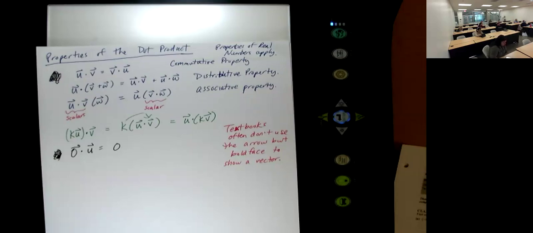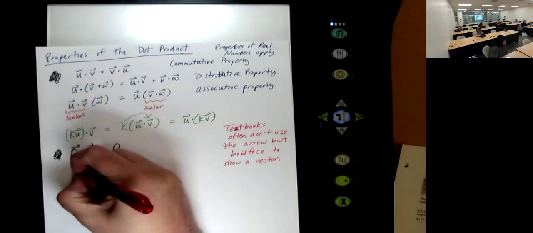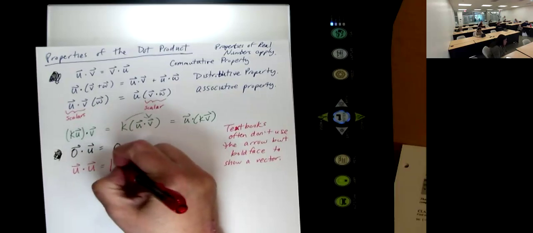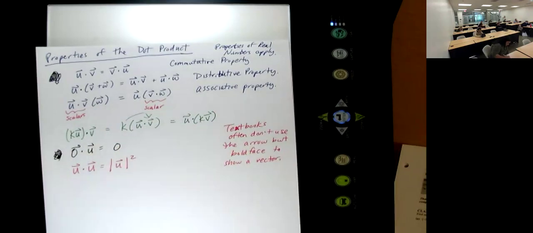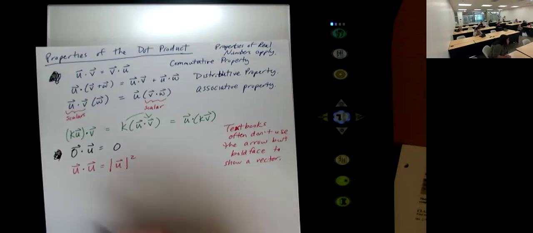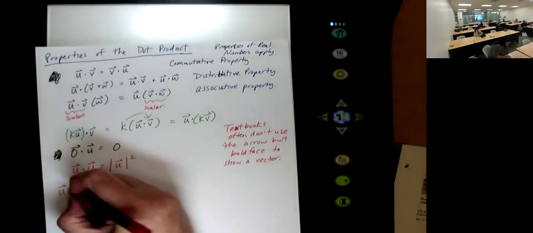And the one I mentioned earlier is u dotted with u is the magnitude squared. You can see this when we had u equals (a, b).